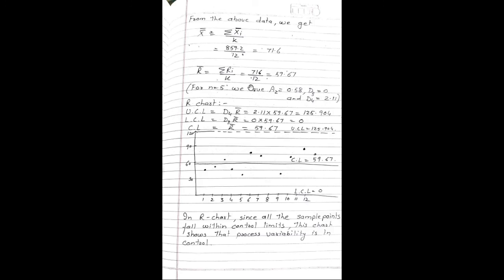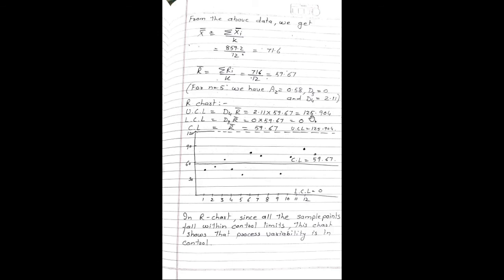These standards are always given in the problem statement, or we can get them from the statistical table. So for the R chart, the upper control limit formula is D4 R bar, which is equal to 2.11 into 59.67, as R bar we already have calculated as 59.67.